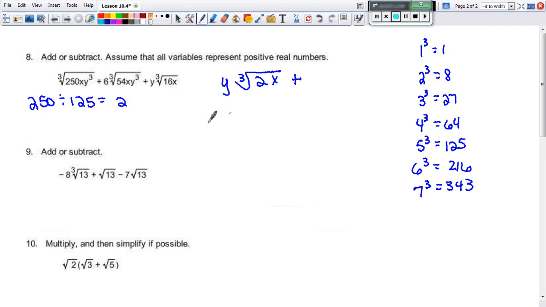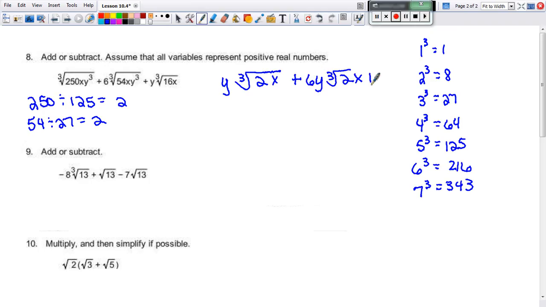Plus, okay, 54. 54 divided by 27 equals 2. So that's the cubed root of 2. And then I can't take an x out, it stays. I can take one y out, and the original problem already had a 6 out there, outside.